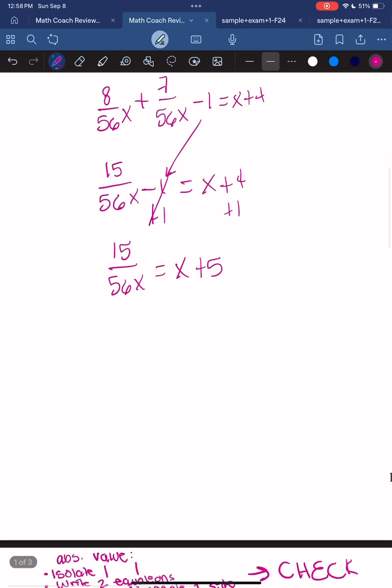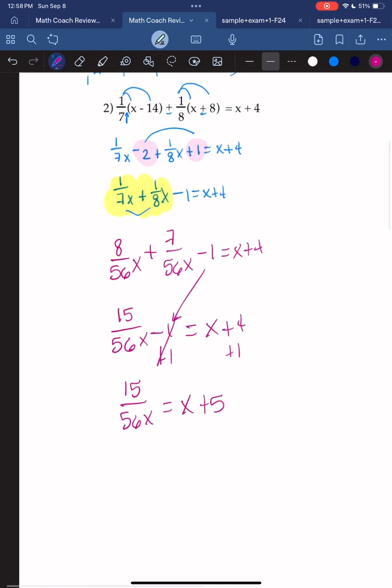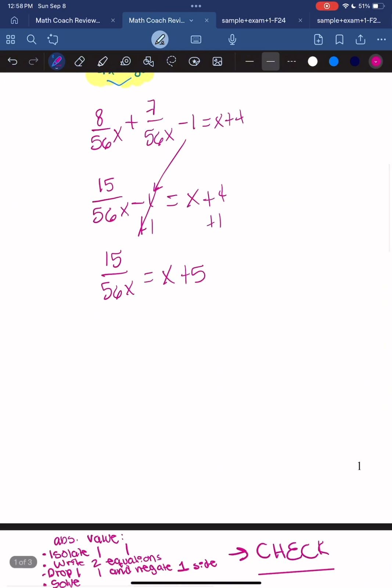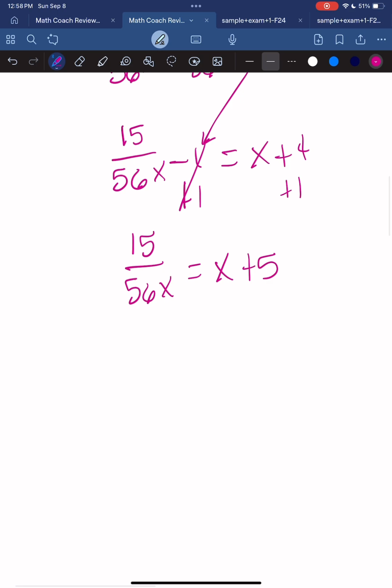Now we want to get rid of the denominator. And how do we get rid of a denominator? We multiply everything in the equation, everything, by the denominator that we want to get rid of so that it cancels out.